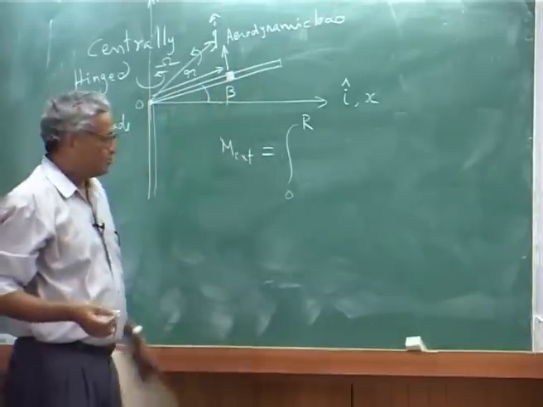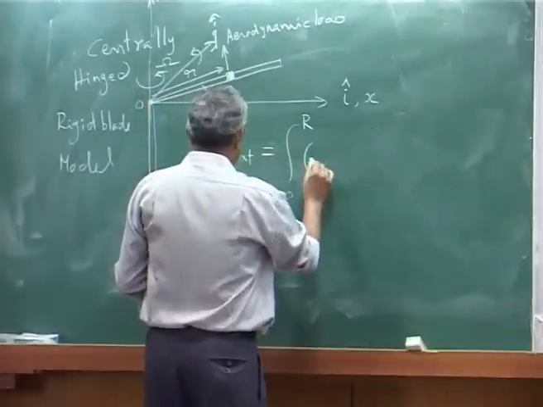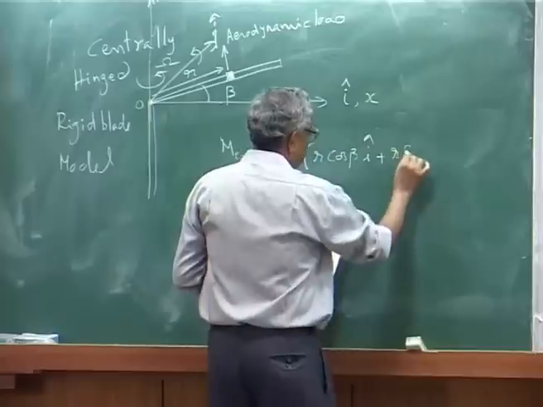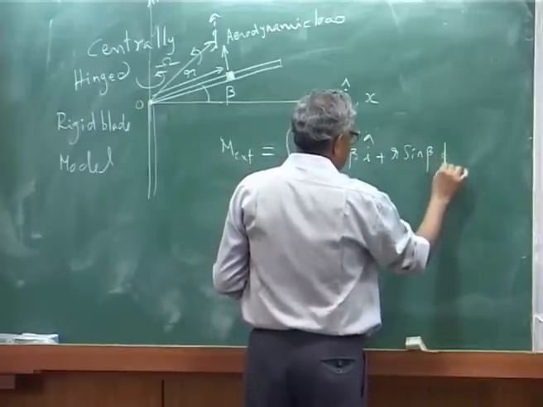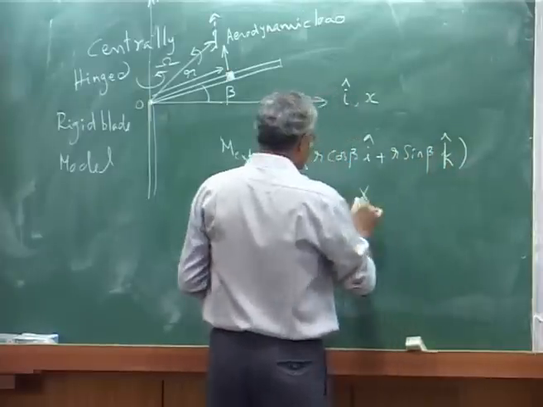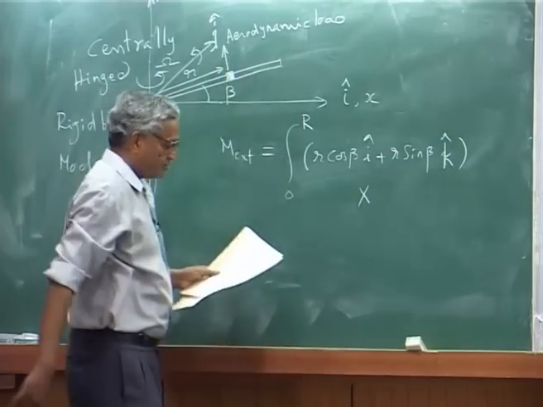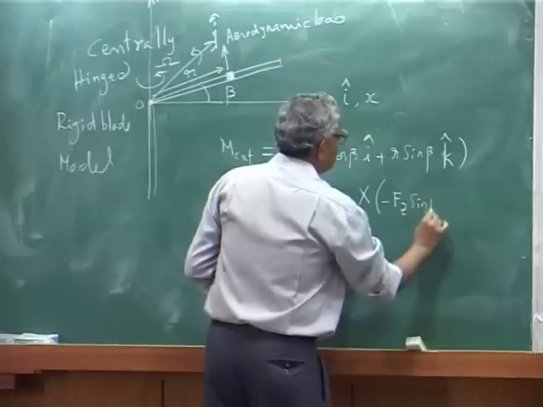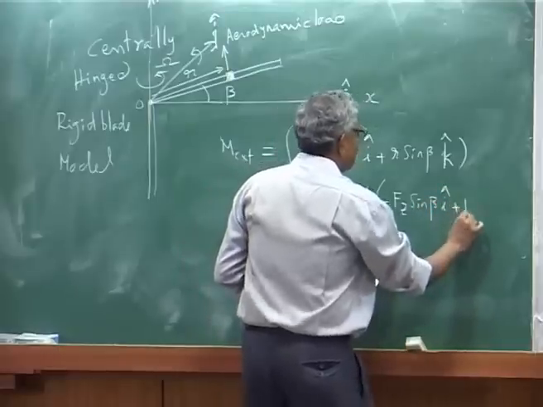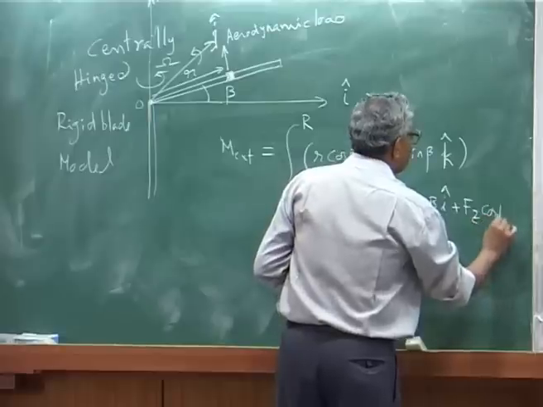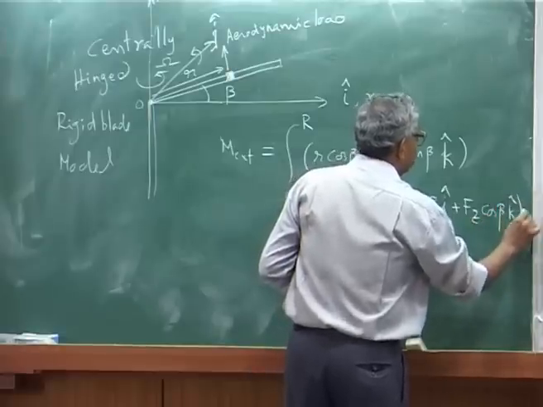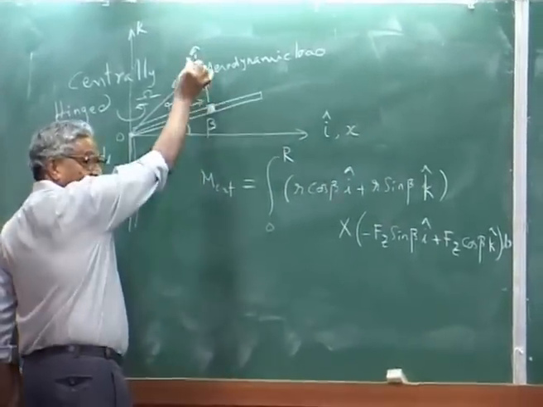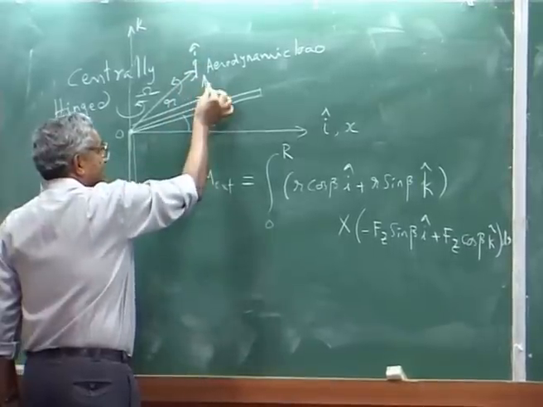So you will have R cross, so I will write R cosine beta I plus R sin beta K, cross your force. Force is minus Fg sin beta I plus Fg cosine beta K dr, because this force is along this, so I take a component like this and like this.